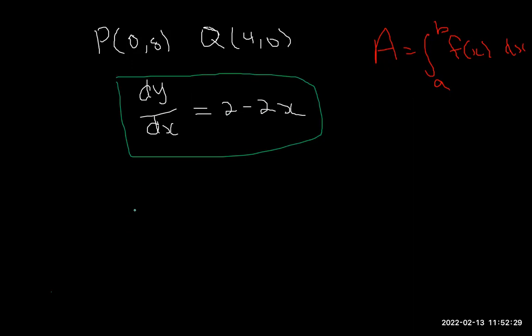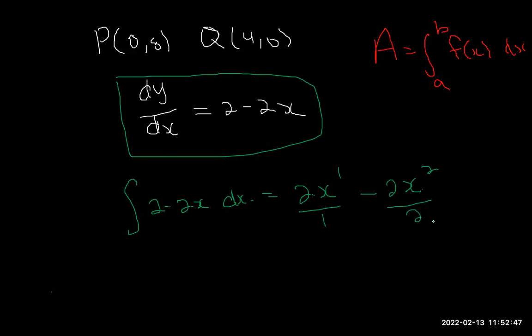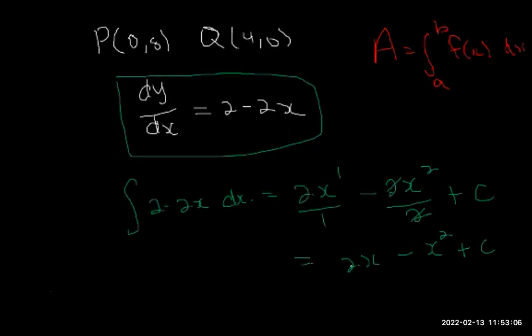So integrating 2 minus 2x with respect to x, I am going to get 2x to the 1 on 1 minus 2x squared on 2. This is indefinite integration. Don't forget your plus c. I can simplify this even more to give me 2x minus x squared plus c. This is what I'm working with.